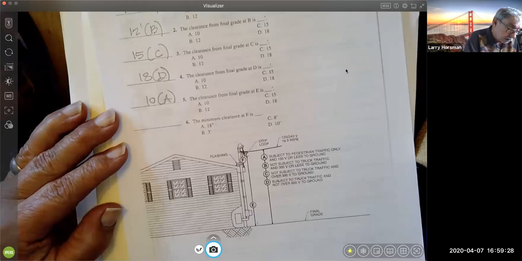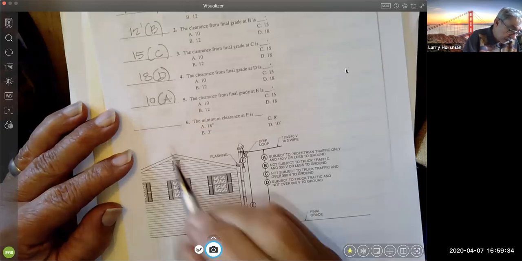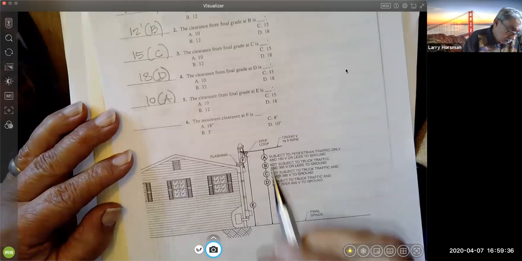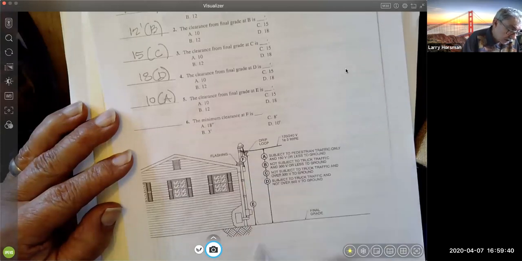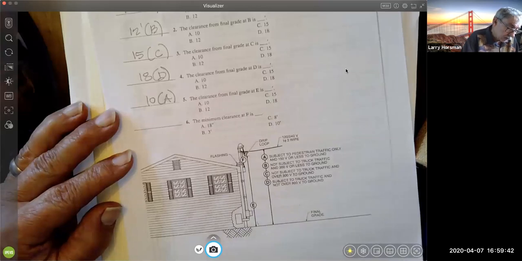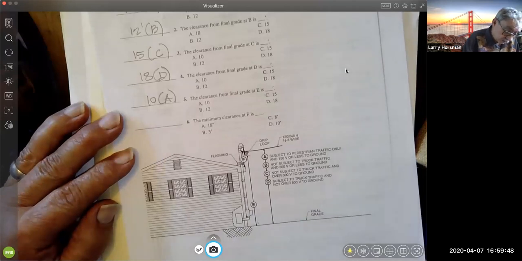But I think that they meant that to be from grade also. So that would have been 10 feet, otherwise 3 feet. So I'll have to come back and take a look at that one, because I don't think that's drawn properly.